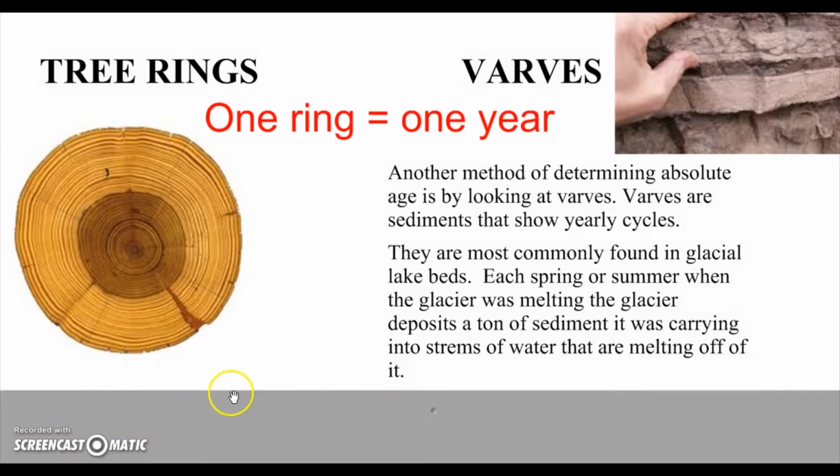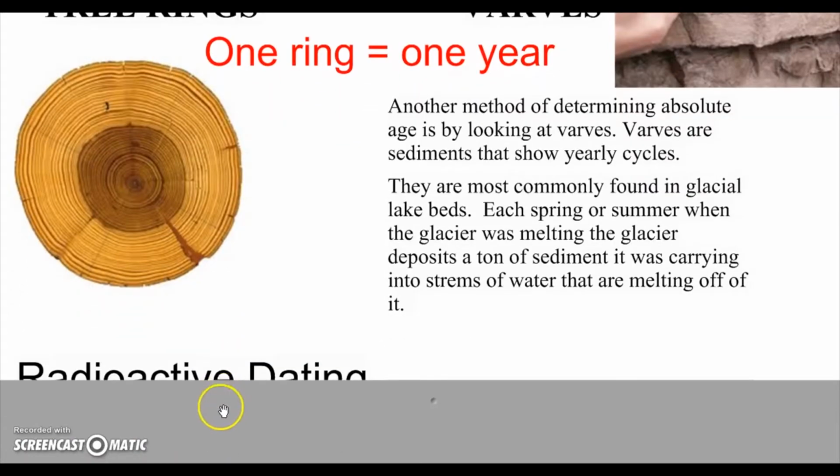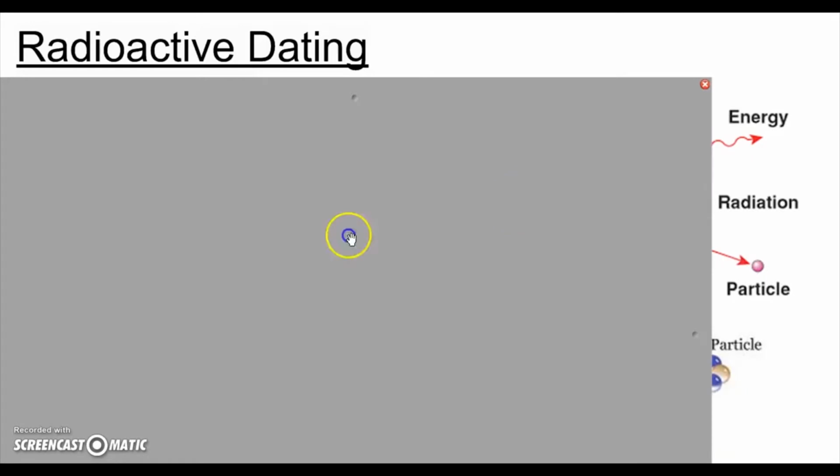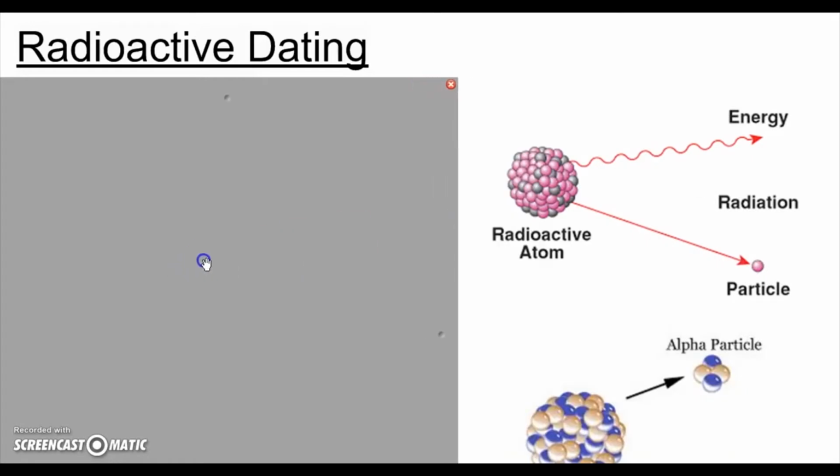Now, most of the time, what people have to do is called radioactive dating. Okay, radioactive dating is a little more difficult. Okay, what we have in nature are radioactive things. Now, these radioactive atoms are kind of like a house that's too crowded.